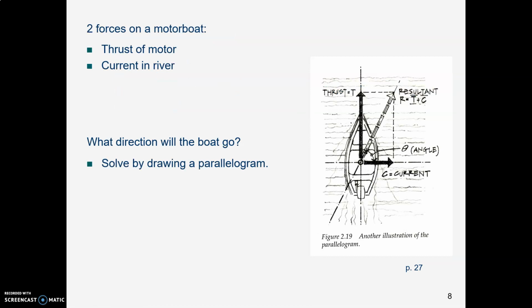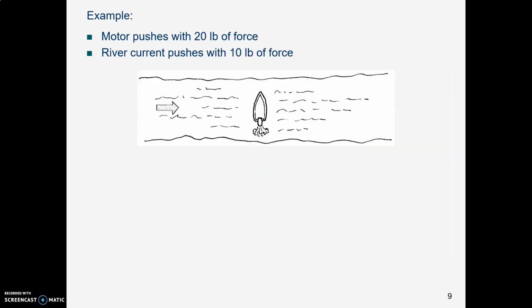Well, let's think about that motorboat. And let's figure out what direction that boat is going to go across the river. So we'll do that by drawing a parallelogram. And what we know is that the river is 10 pounds pushing sideways, and the motor is 20 pounds pushing across the river.